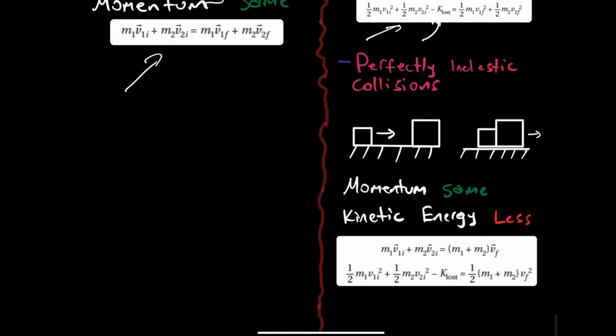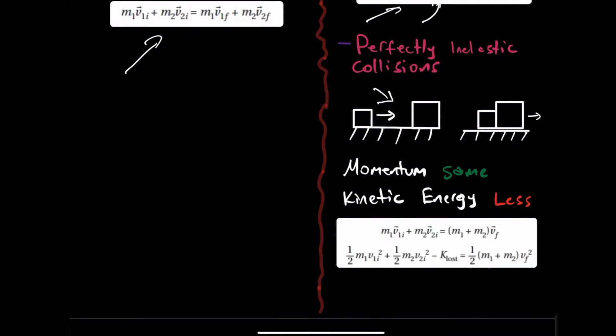In perfectly inelastic collisions, the same goes, but the elements fuse with each other. So as we see here, they come together and they become one mass. The momentum is conserved, but the kinetic energy is, of course, lost. So in order to find the final momentum of the system, we simply add the two masses together.